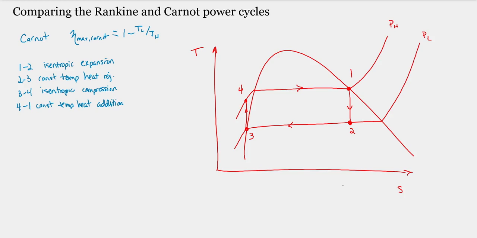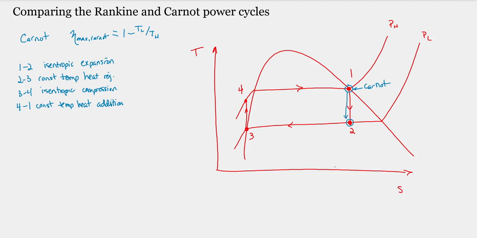Okay, so let's come back over here to our TS diagram. Now the red is for the Rankine, the blue is going to be for the Carnot. So let's start with the same initial state. I'll circle that so we know that the Carnot here, shown in blue, is going to start from the same initial state that we had for the Rankine cycle. And now we're going to isentropically expand, and that looks identical.